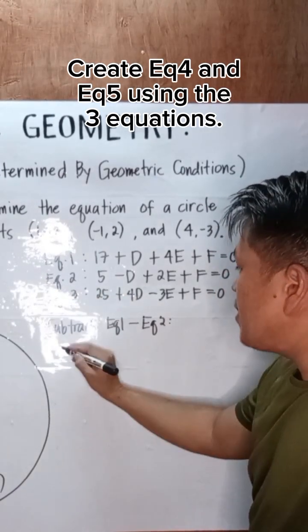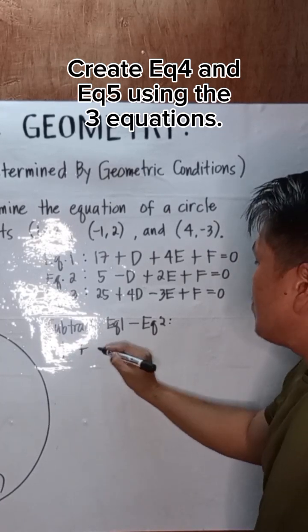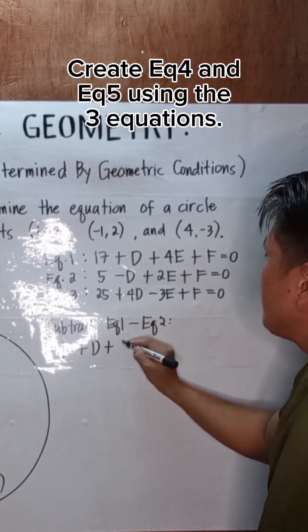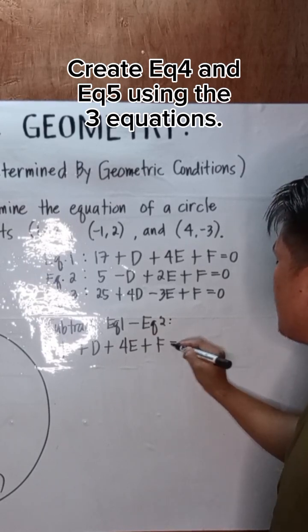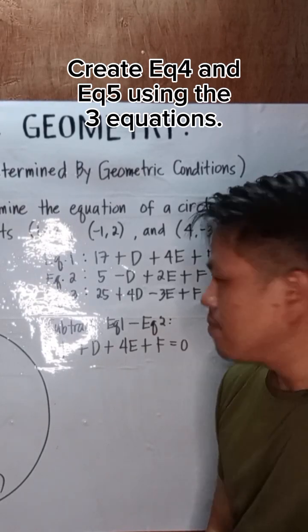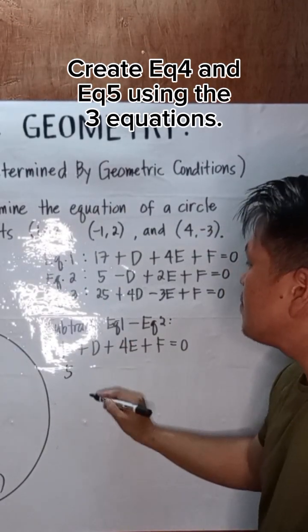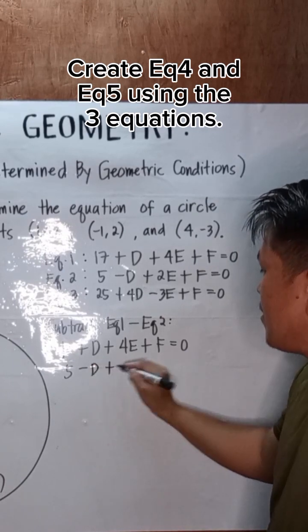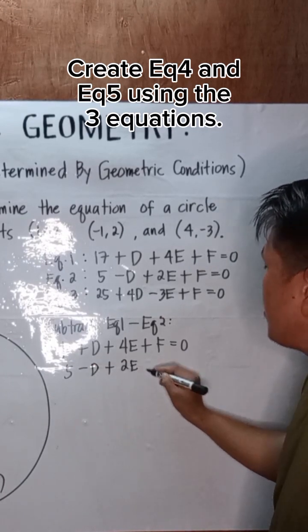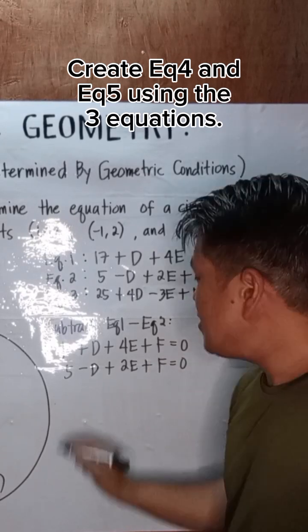Ang equation 1 natin ay 17 plus d plus 4e plus f is equal to 0. And then, ang equation number 2 natin ay 5 minus d plus 2e plus f is equal to 0. Then, isubtract natin.